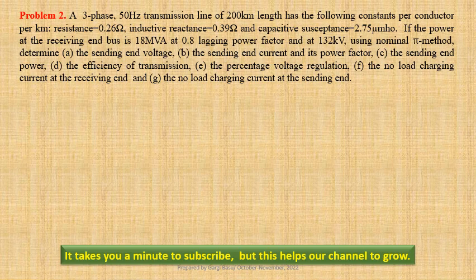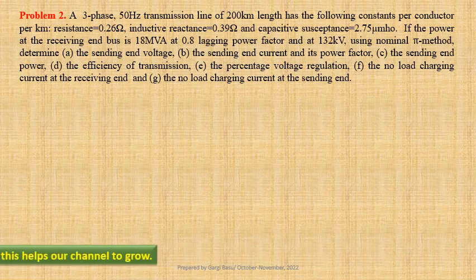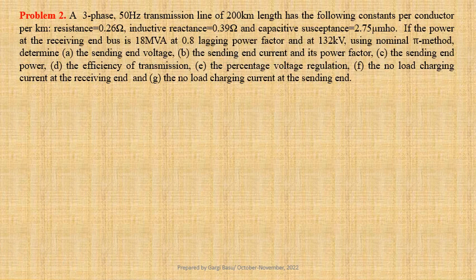We also have to determine the no-load charging current at the receiving end and the no-load charging current at the sending end. Let us first write down the given data.